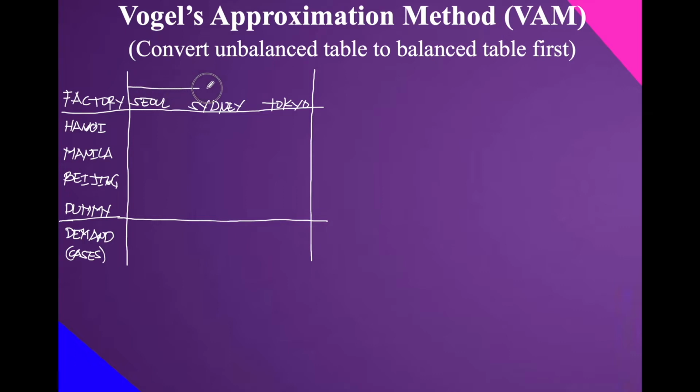Okay. General label, let's have warehouses. Okay, then let's separate these columns.